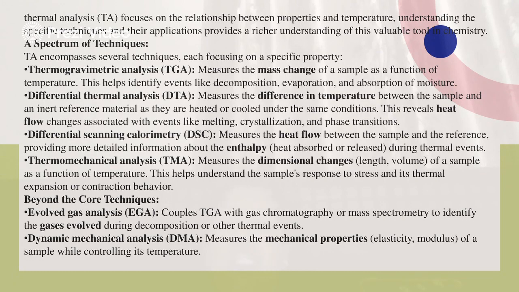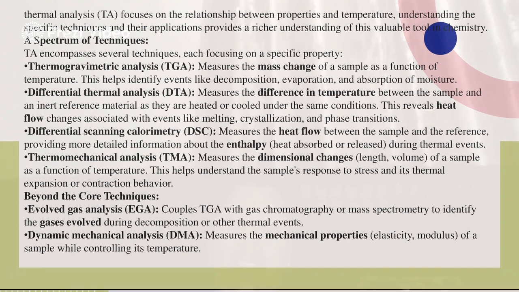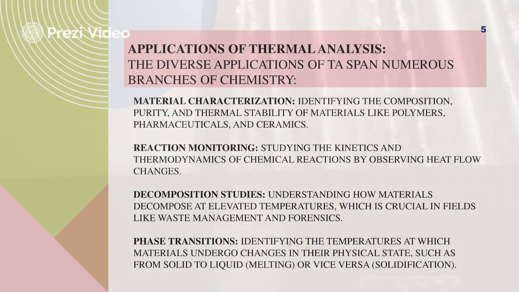Beyond these techniques, we can also identify two more techniques: evolved gas analysis (EGA), coupling TGA with gas chromatography or mass spectrometry to identify the gases evolved during decomposition and other thermal events. Next one is dynamic mechanical analysis (DMA), which measures the mechanical properties, such as elastic modulus, of a sample under controlled temperature conditions.